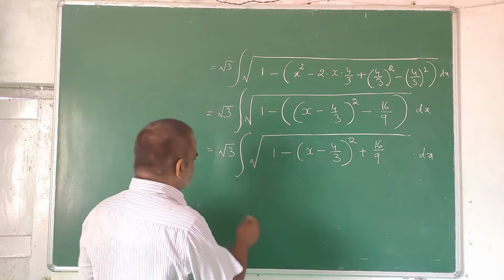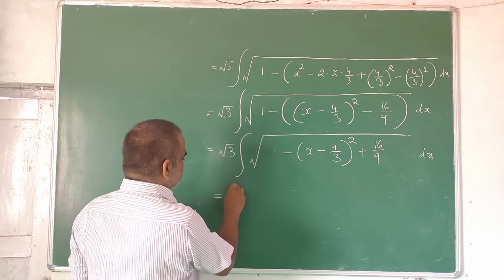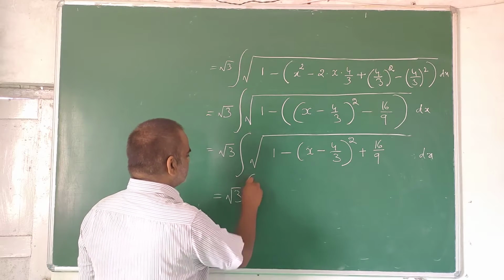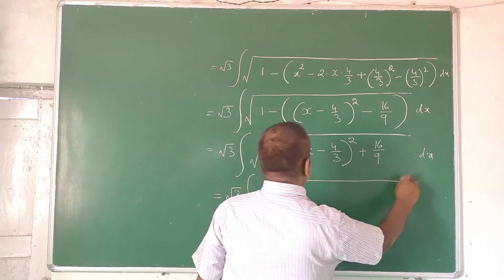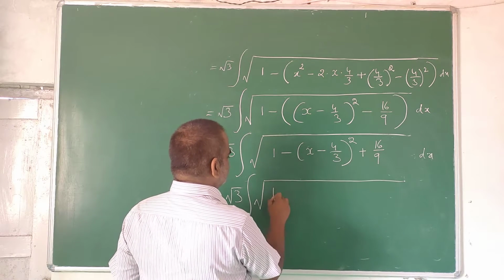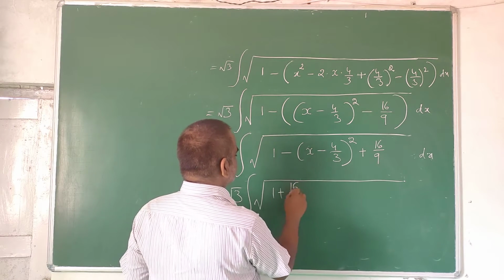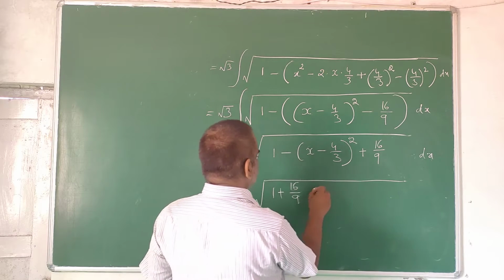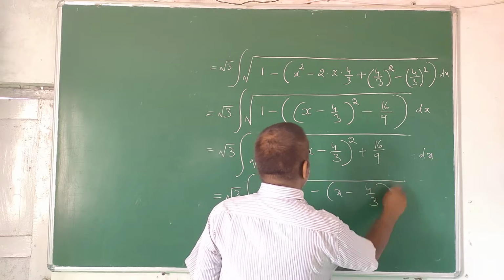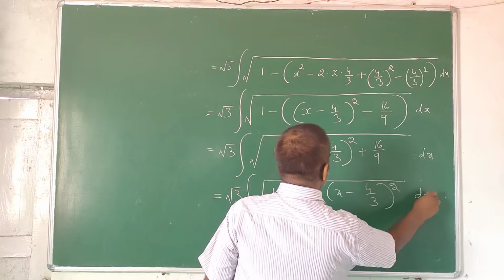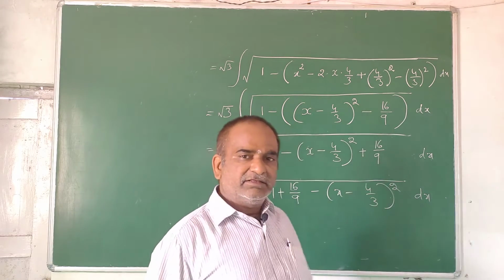So this is equal to root 3 into integral root over 1 plus 16 by 9 minus x minus 4 by 3 whole square dx.